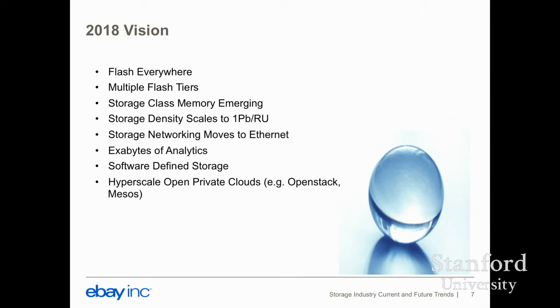So storage networking, moving to Ethernet. Networking is a big part of storage. So we're interested in seeing how we can leverage Ethernet and move away from some of our fiber channel or InfiniBand network technologies. So we're looking at the roadmap of Ethernet.